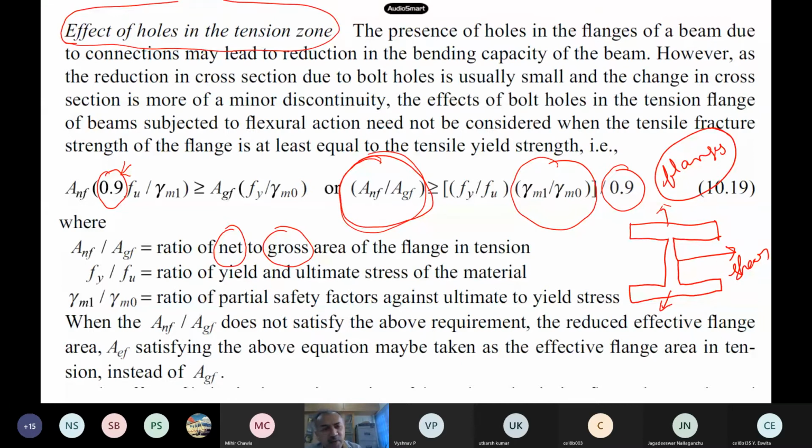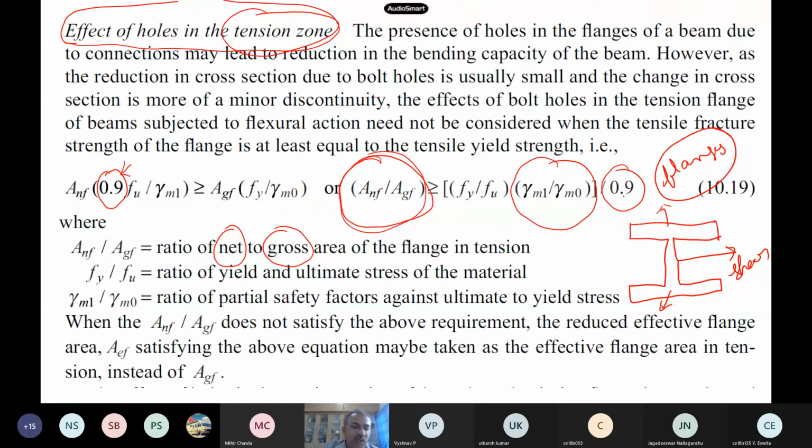Tension member, compression member, or where did you see this 0.9? Tension member. Now for tension members, to calculate which area? Net rupture, you remember the net rupture area, and then we had a gross area also. So this 0.9 comes when there are holes basically. So this is like a tension member only.